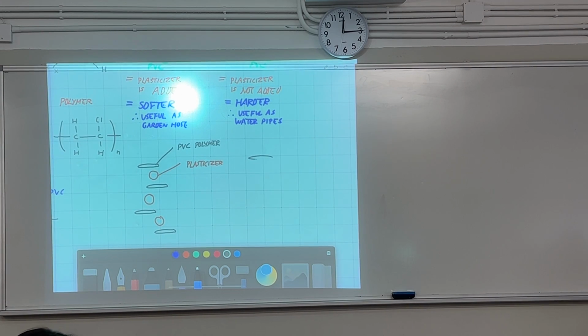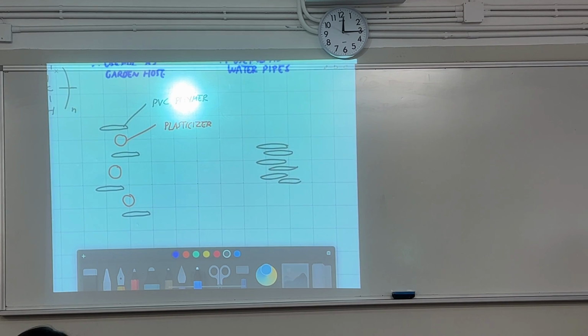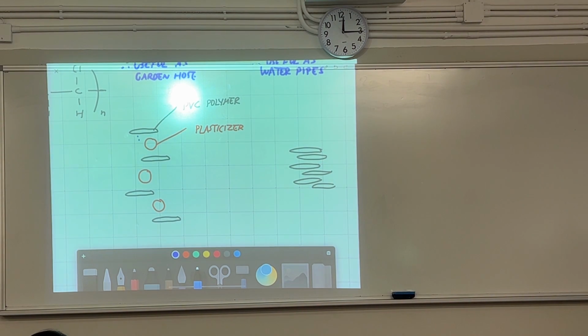Well, the PVC polymer chains can come really closely together. So in which case can there be stronger intermolecular force between the polymer? Is it when we have a plasticizer, or when we have no plasticizer? No plasticizer, correct.